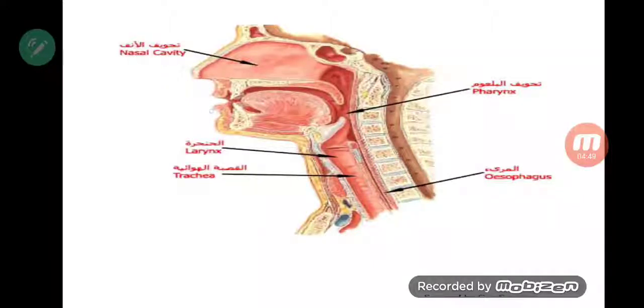The alimentary system of the GIT starts from the mouth: we have the lips, the oral cavity, the hard palate, the soft palate, and the uvula. Down we have the pharynx.